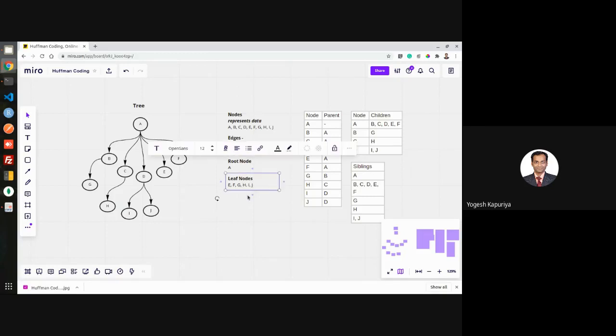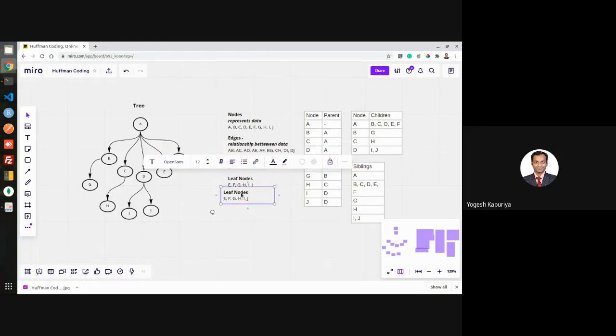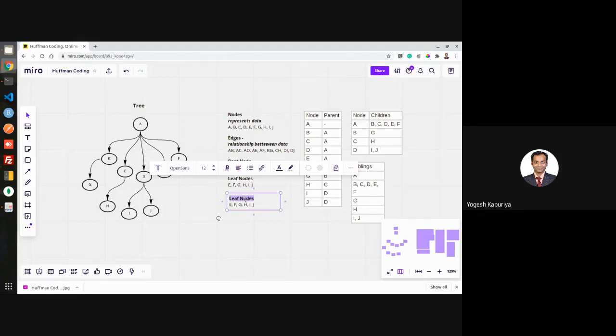Then similar to this, there are internal nodes. Obviously, these are the nodes for which at least one child exists. So if you observe this tree, then all these nodes A, B, C, D are internal nodes.